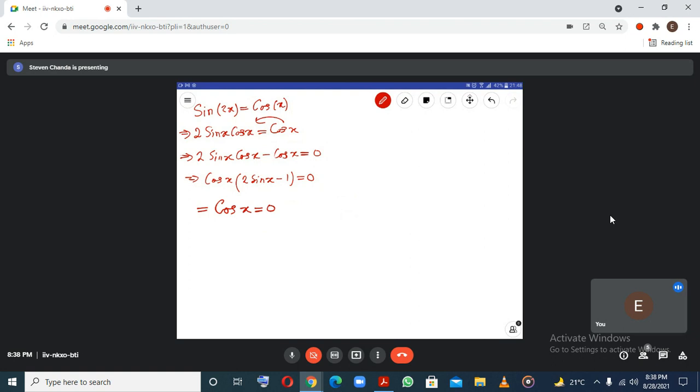Then you can also say 2 sine x minus 1 equals 0, so you're going to have sine x equals 1 over 2.